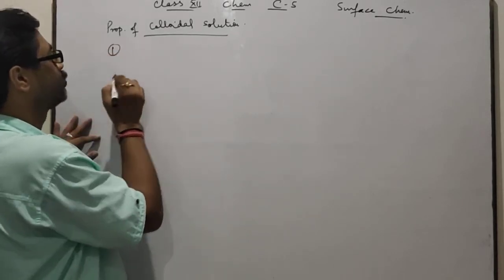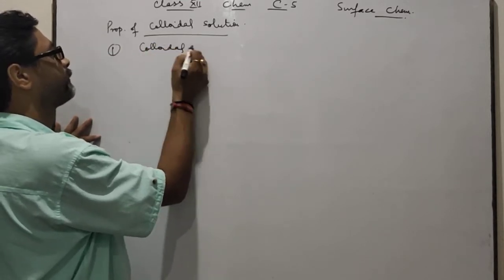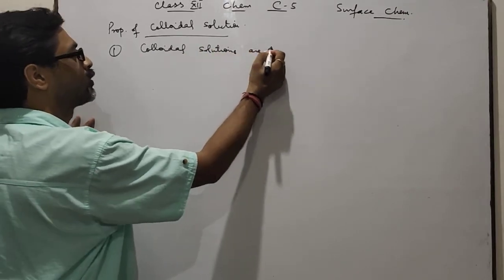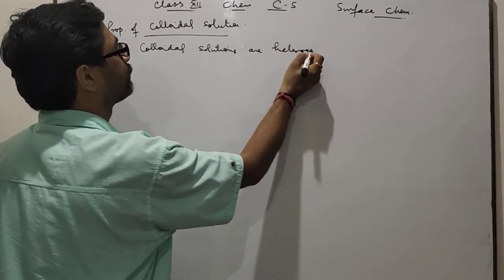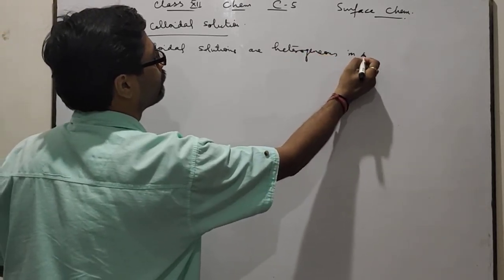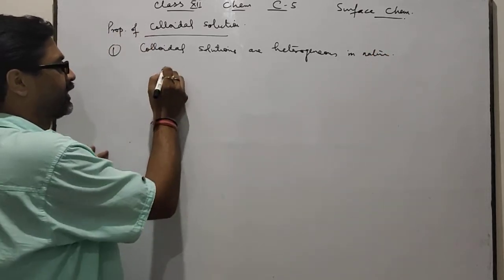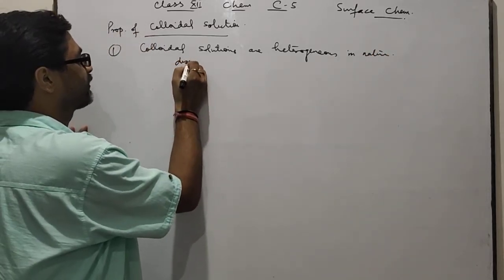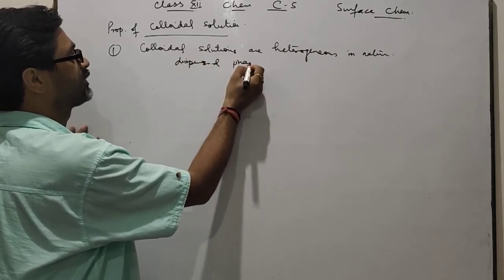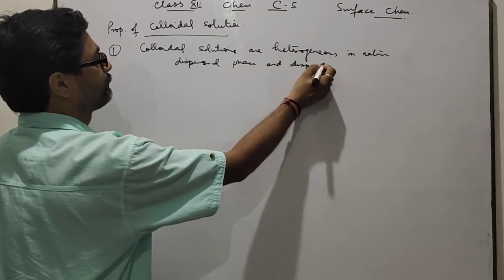First of all, you know that colloidal solutions are heterogeneous in nature. Heterogeneous means they are made up of two types of components: dispersed phase and dispersion medium.